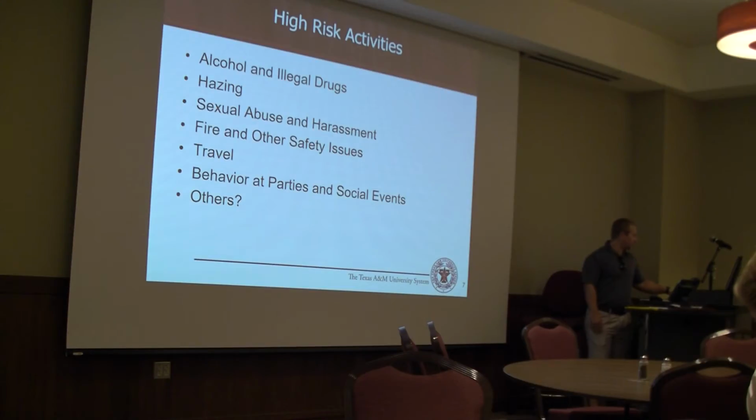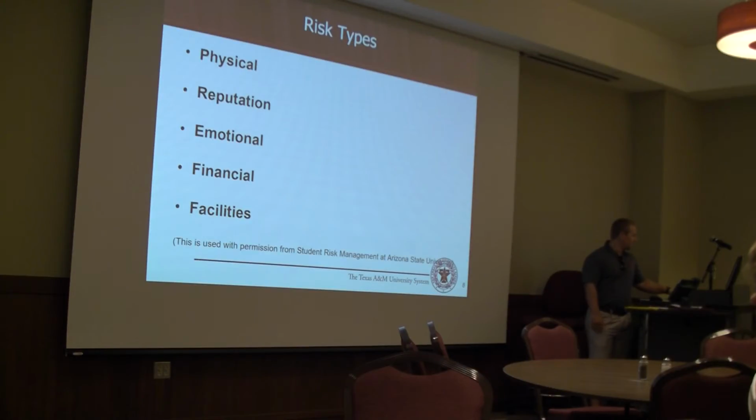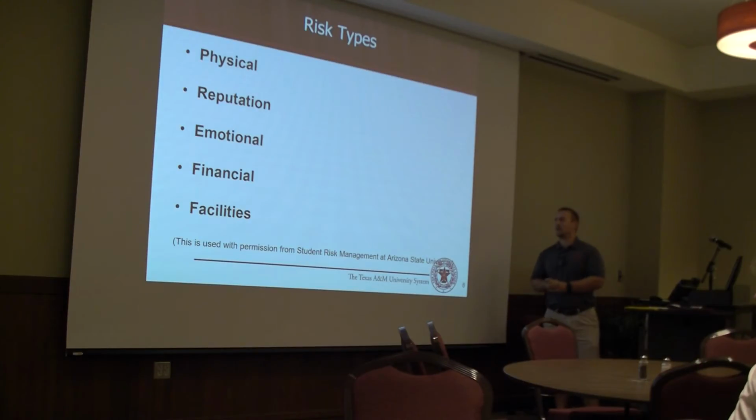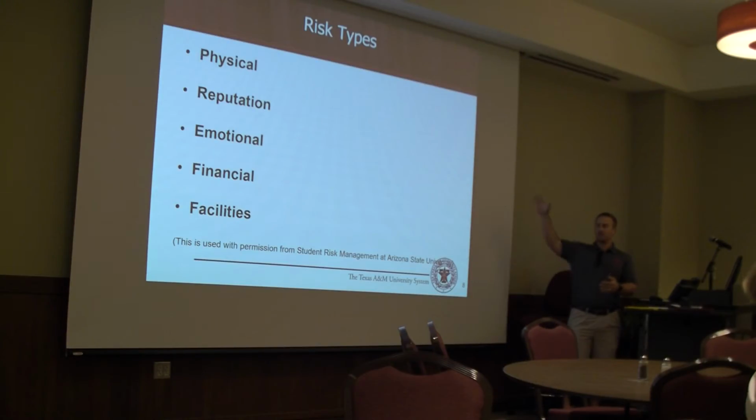We cover all these different topics for them, including our most risky types of behaviors. I explain to them that the first thing everybody thinks about when you say risk management is the physical aspect of risks, and I try to explain that there are at least 4 other types, and a lot of times they can blend into other types of risks.